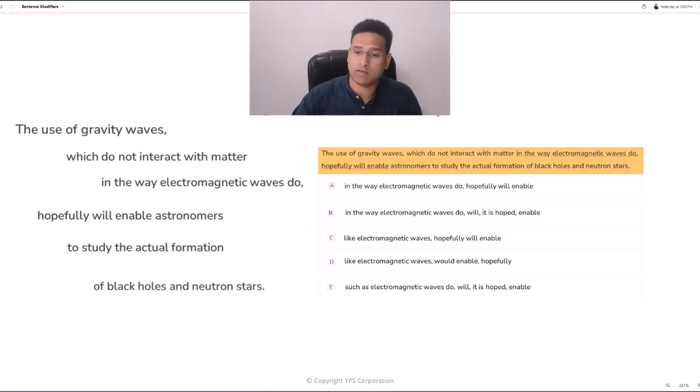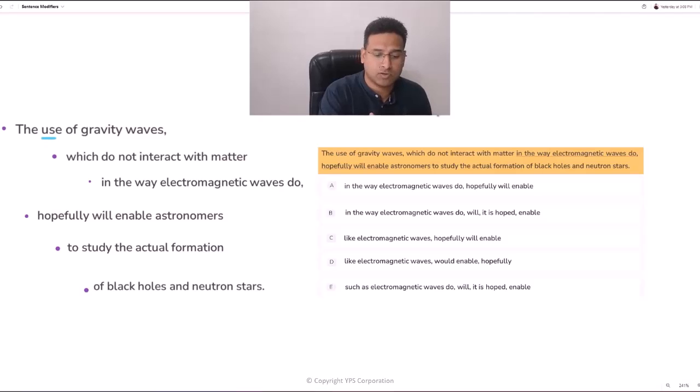Let me quickly bring in the bullet points. Let us use blue to mark the subject. So it's the use, which is the subject, right? And the main verb, which I'm going to mark with green, is will enable.